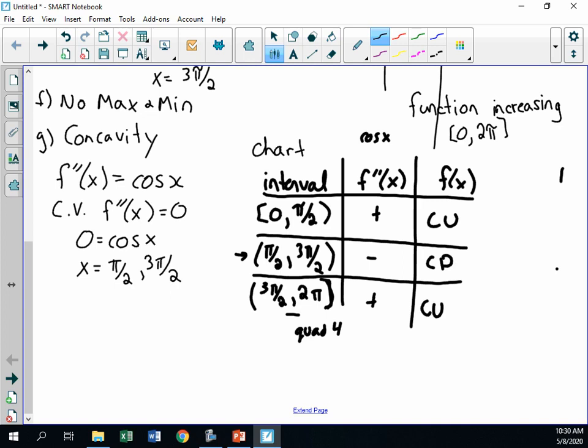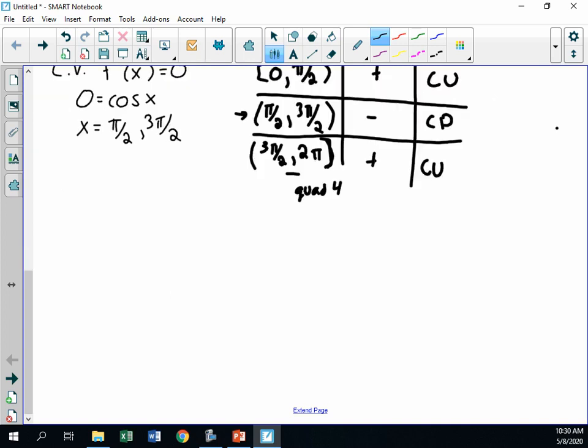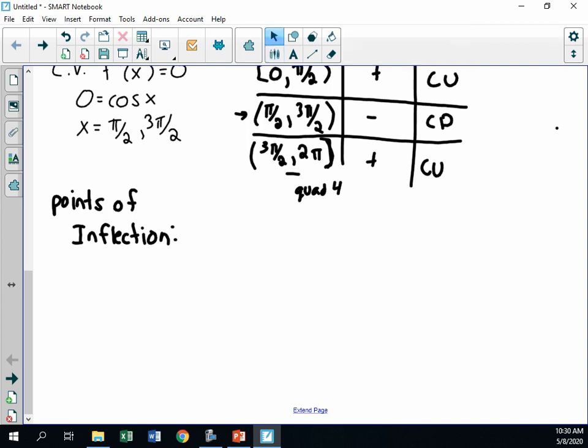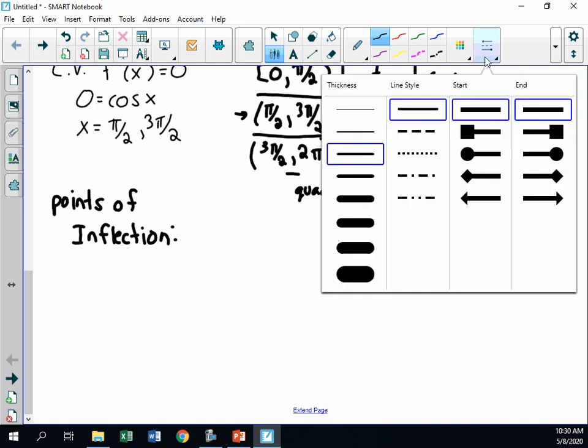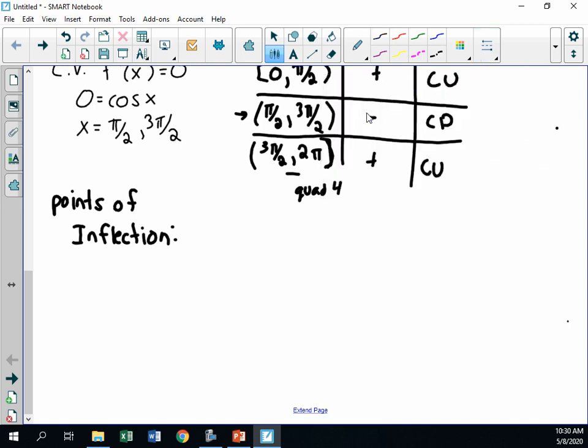2 points of inflection. What are they? Remember, we actually have to find them. Ah, yes, there it is. Okay. So we are going to have x is pi over 2 and x is 3 pi over 2. Remember, f prime at pi over 2 equaled 0 and f double prime at pi over 2, sorry, did not equal 0.